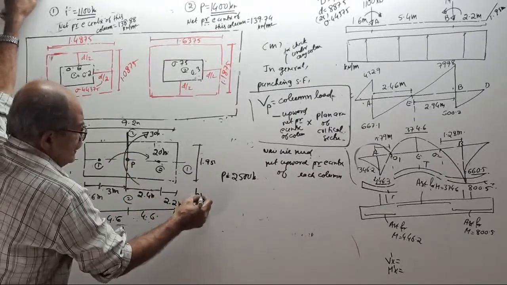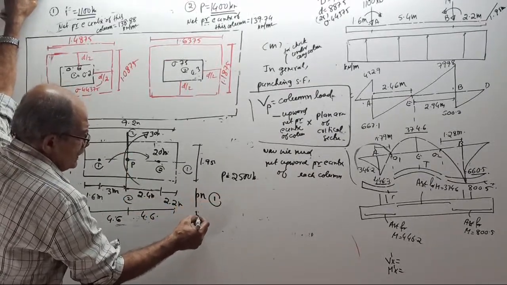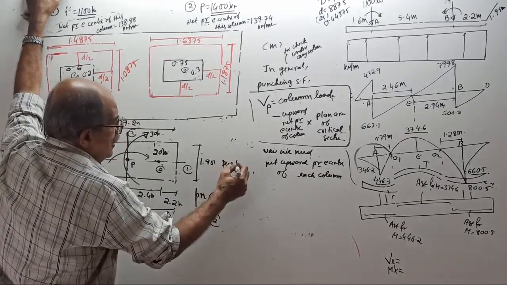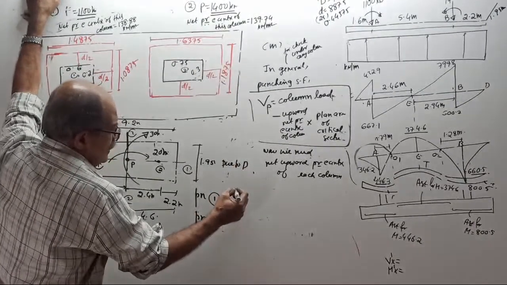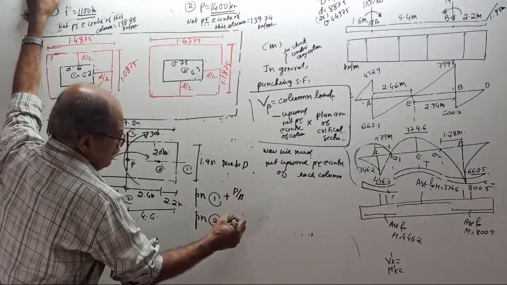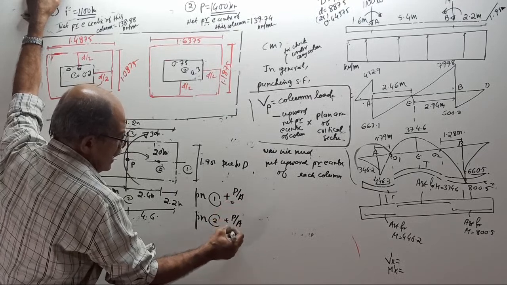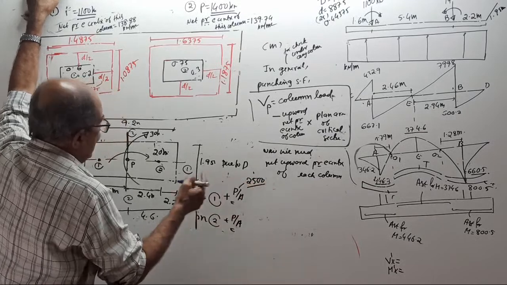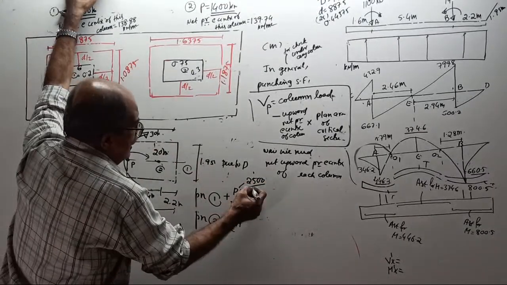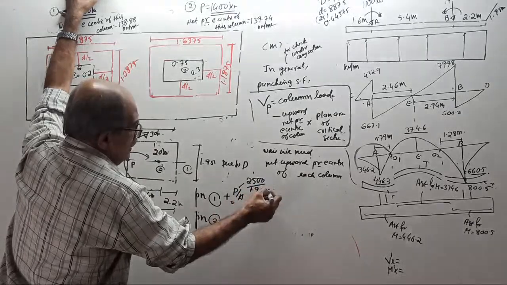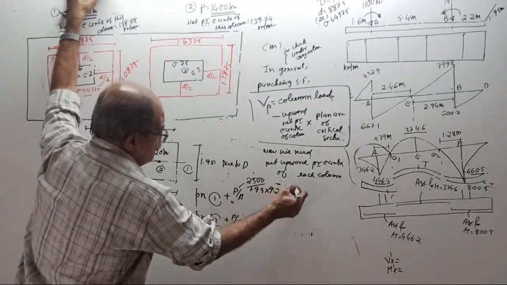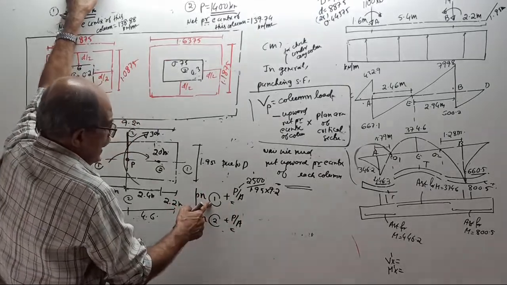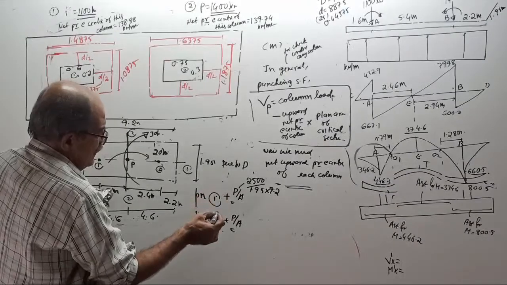Net pressure at 1, net pressure at 2. I write here now. Due to P is plus P by A. P by A is 2500 divided by the full area, 1.95 into 9.2. Tell this pressure. That is the net pressure at 1, net pressure at 2.